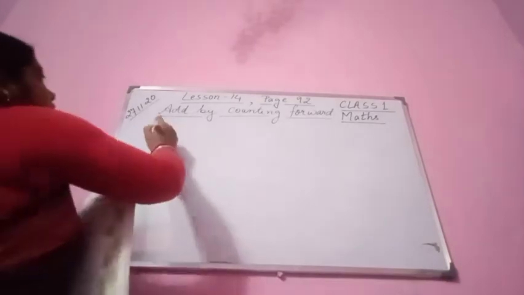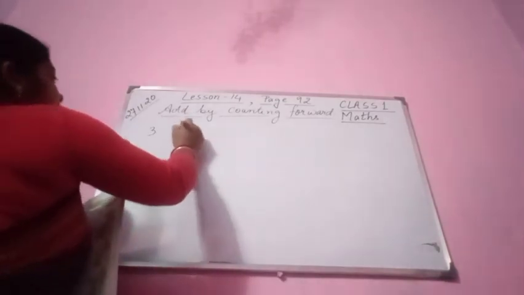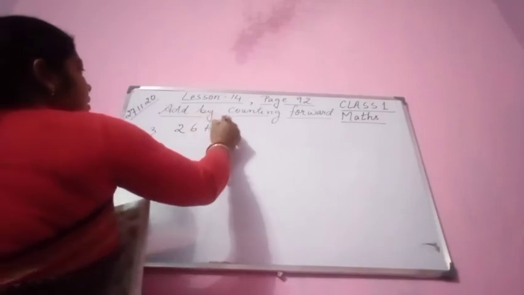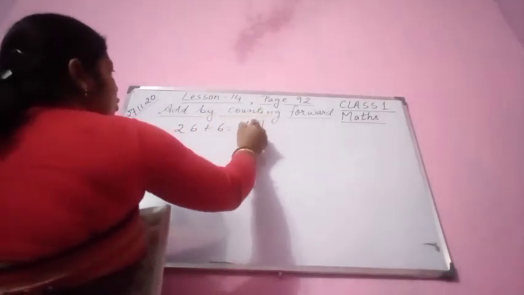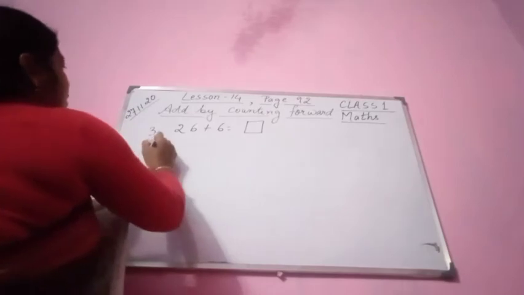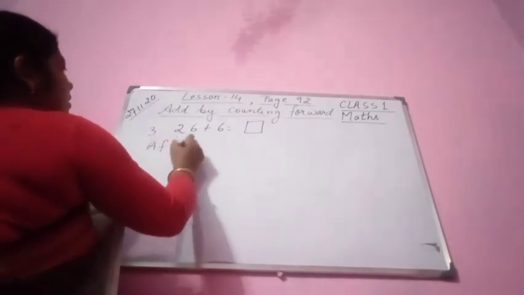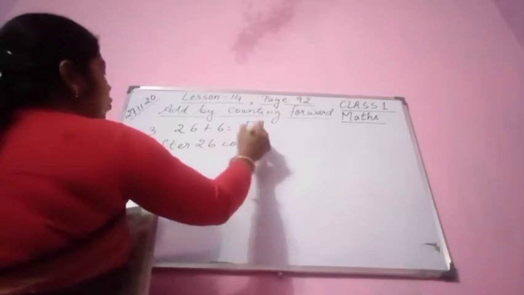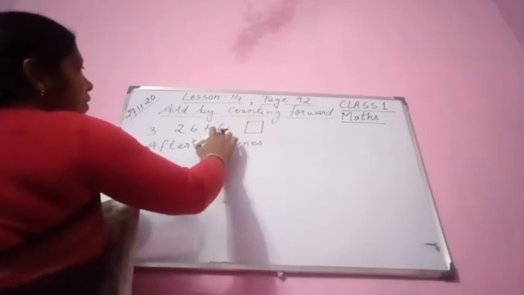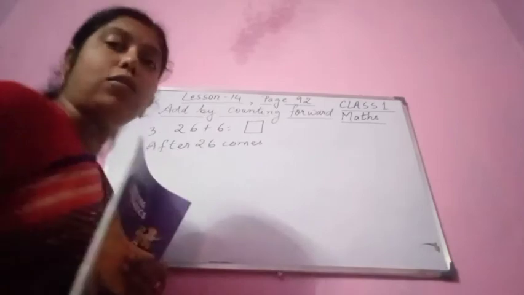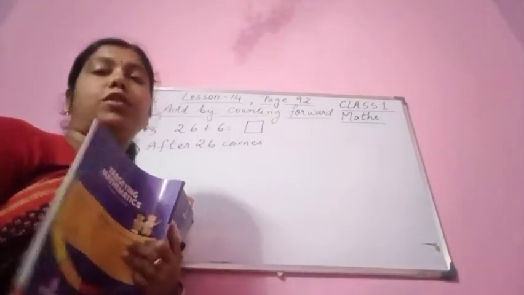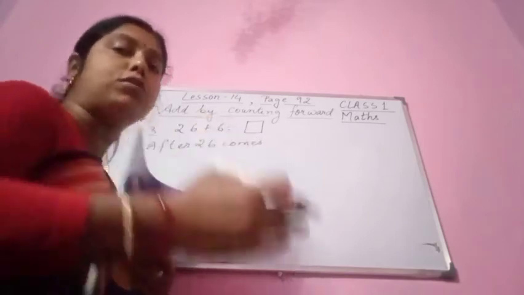See number 3, here it is given 26 plus 6. After 26 comes 6 places. Keep in mind after the number 26 plus 6, we have to count 6 more places. We are going to count forward. You have to keep in mind always that we are counting forward.